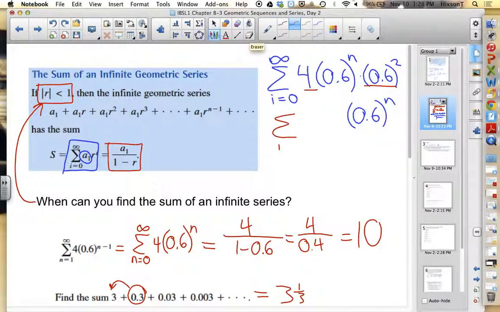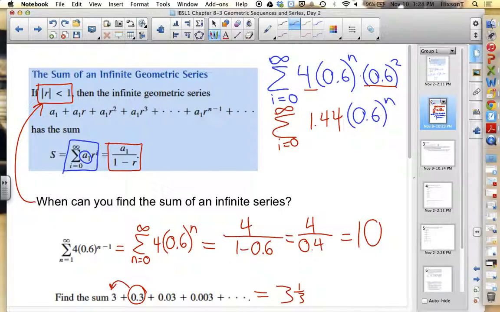So we have the sum from i equals 0 to infinity of 0.36 times 4, which is 1.44, and that would be it. Now we can use our formula.